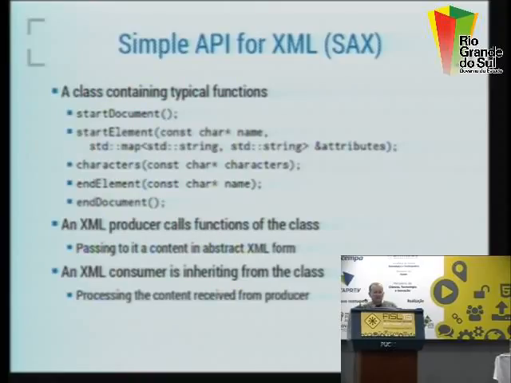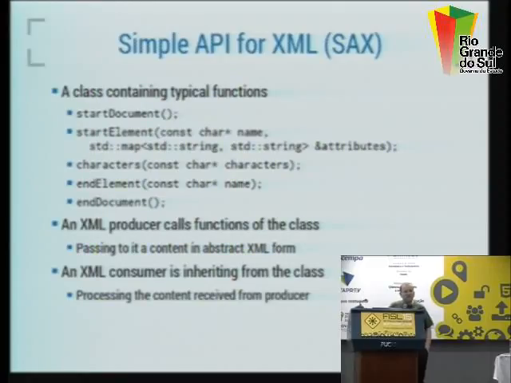So about SAX, it's just very quickly what it is. It comes from Simple API for XML. Try to imagine that you have some interface class that has functions like start document, end document, start element with the name of the element and all the attributes in some structure, then end element with the name of the element, and then also characters where you put the content, and that's it.